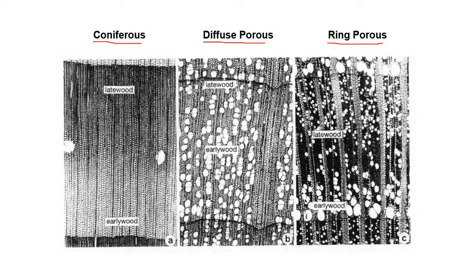Okay, so in conifers, what you see here is the cells are quite small. And those cells are called tracheids, and the tracheids do two jobs. They move water up from the roots, and they provide the structural support for the tree. So they have to be kind of small with thick cell walls to be able to do that.